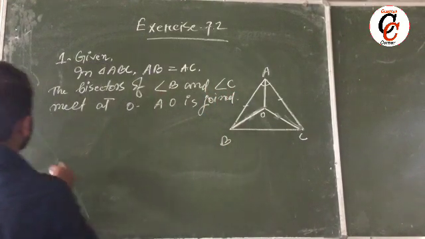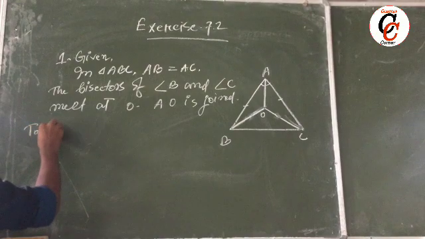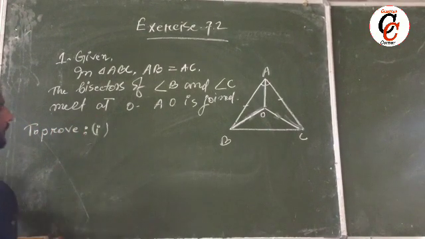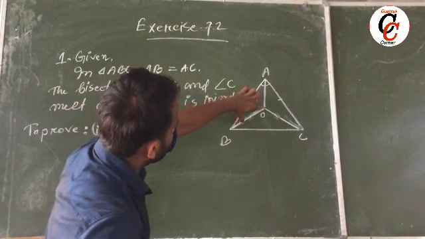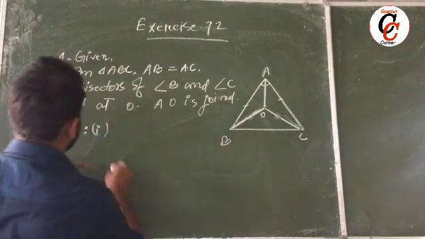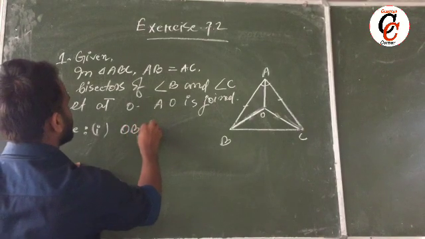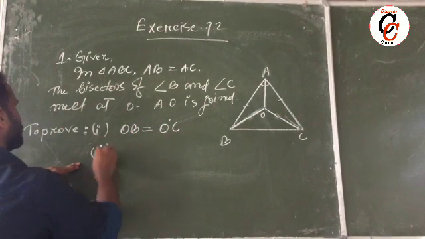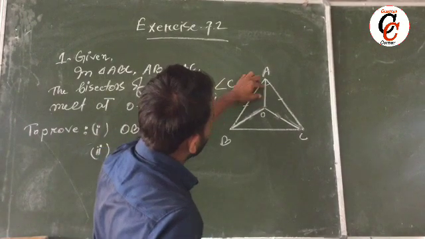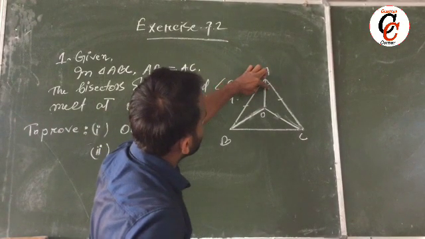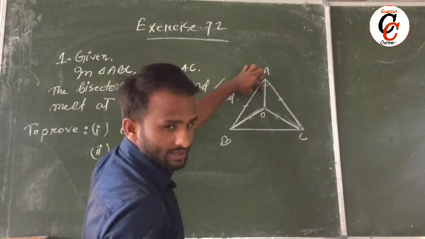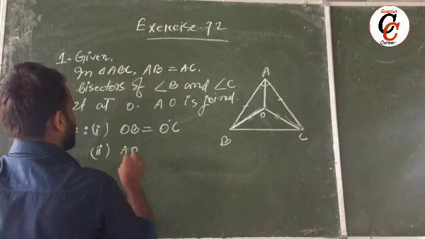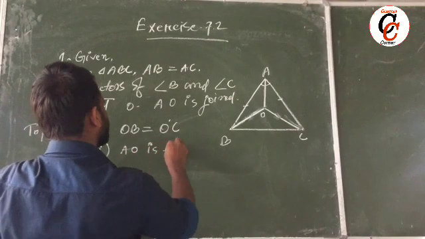Given in the question, what do we need to prove? To prove there are two things. One is that we need to prove the side OB is equal to OC. And number 2, AO is the bisector of angle A. That means these two angles are equal.